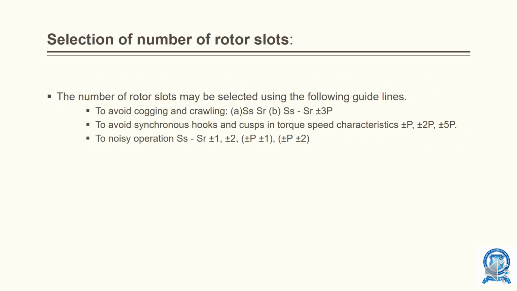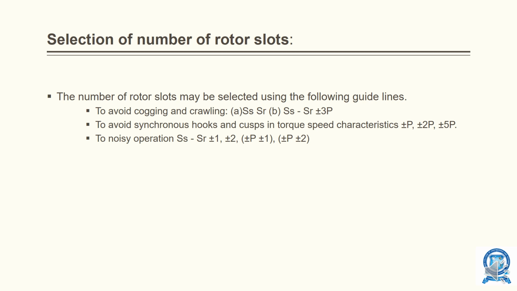For selecting the number of slots, the following guidelines are followed. To avoid cogging and crawling: first one is SS is not equal to SR, and the second case, to avoid crawling, SS, that is the stator slots minus rotor slots, should not be equal to plus or minus 3P. P is number of poles.